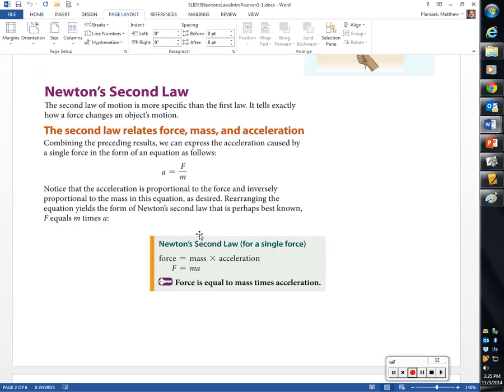If inertia is things not changing, things staying the same, Newton's second law would be things changing. And what word do we use to describe things changing? Acceleration. So Newton's second law tells us about acceleration.